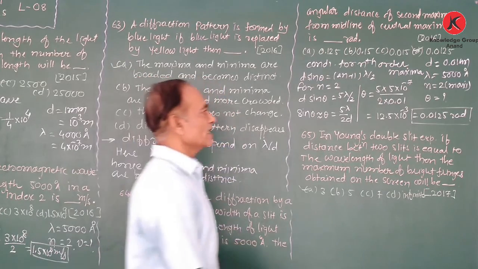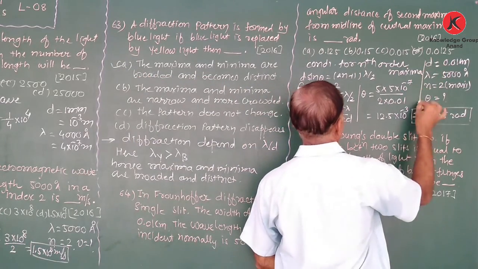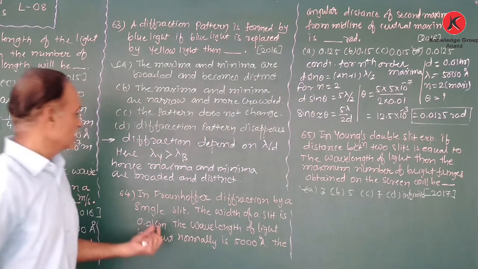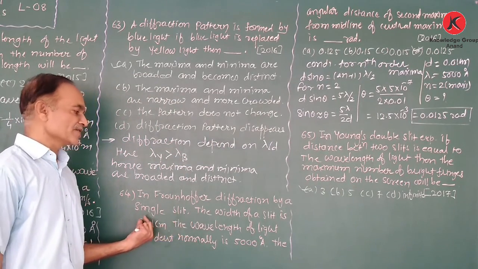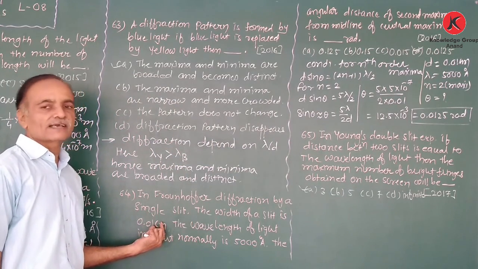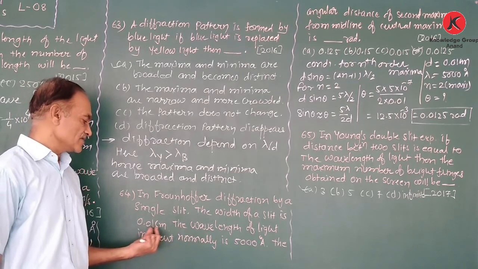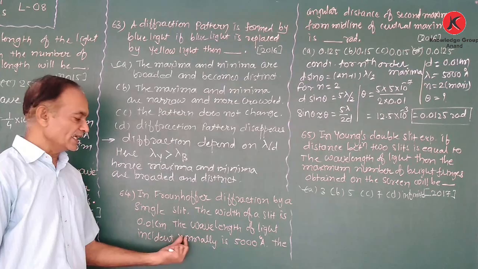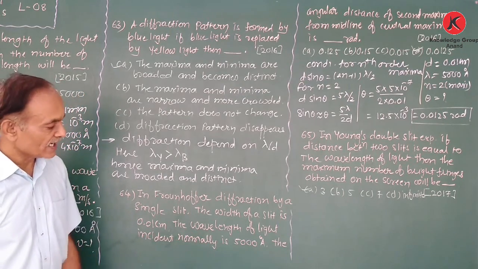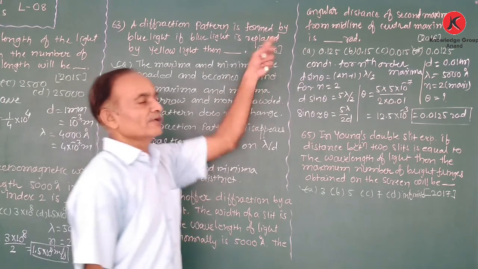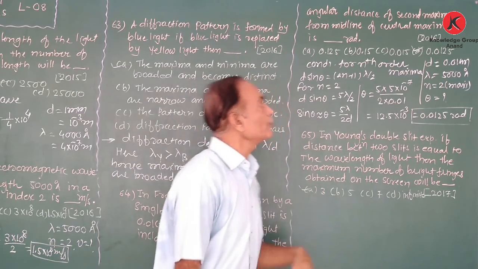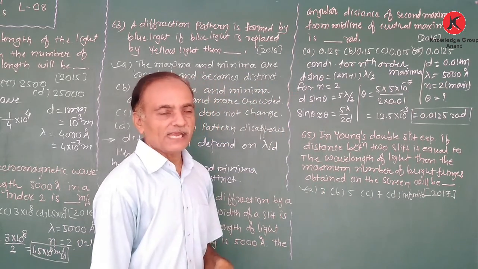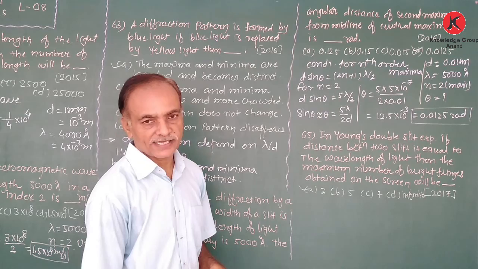Again, here is the numerical. In a diffraction by a single slit, the width of the slit d is given as 0.01 centimeter. The wavelength of light incident normally is 5000 angstrom. The angular distance of the second maxima from the midline of the central maxima is how much radian?